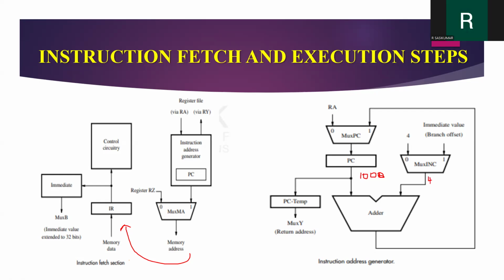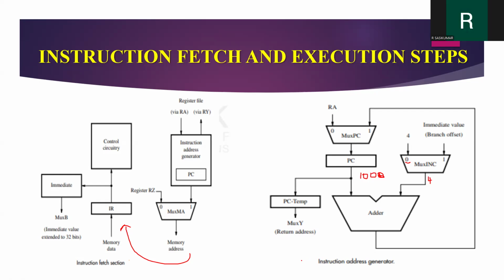When will the 4 be selected? If the program counter address is incremented normally, then multiplexer input 0 will be selected. What is the use of a multiplexer? Wherever we have more than one input, we must use a multiplexer. With the help of a multiplexer, we can select one of them. So when the program counter is incremented by 4, the multiplexer selection line will be 0, and the 4 will be selected.